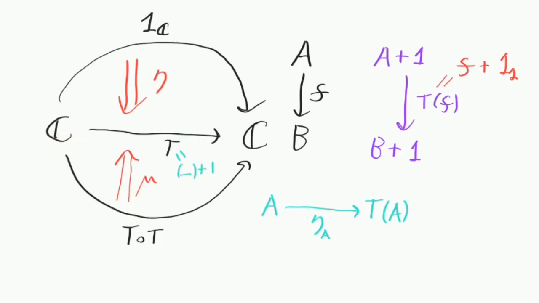And so to complete the definition then, we just have to say how these two natural transformations work here, this unit and this multiplication. And so the unit, it's a natural transformation, so for every object A, we're going to have a component like this. And so that means we want to have an arrow from A to A plus 1.